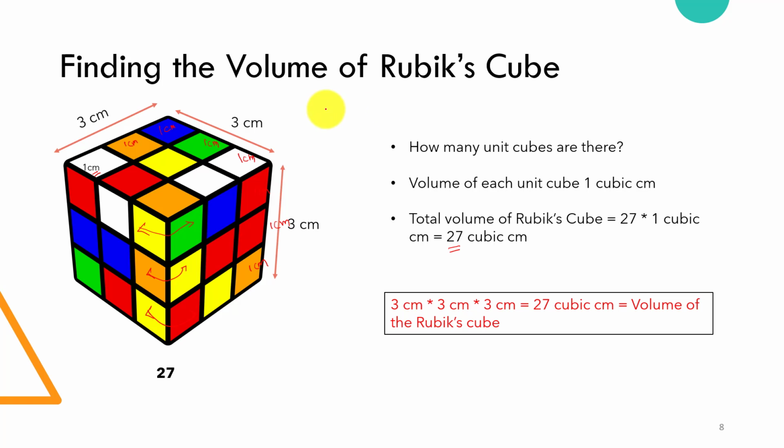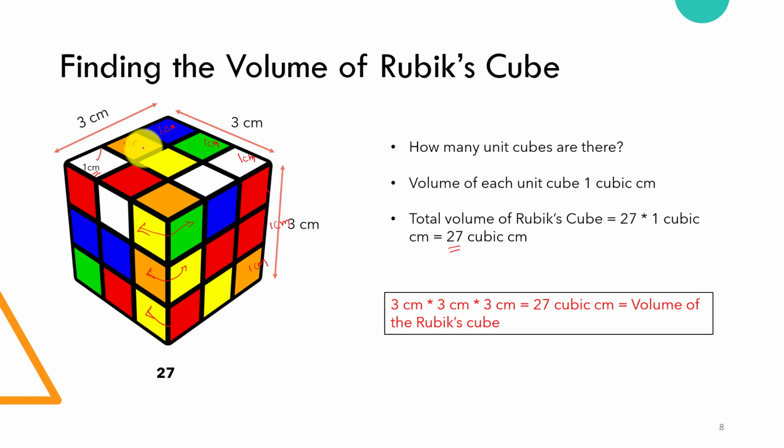Because if you see it, when we talk about 3 centimeter, correct? For our unit cube, the length, breadth and height all are 1 centimeter. That means if we wanted to place unit cubes here for a 3 centimeter side, I can place a maximum of 3 unit cubes here, right?